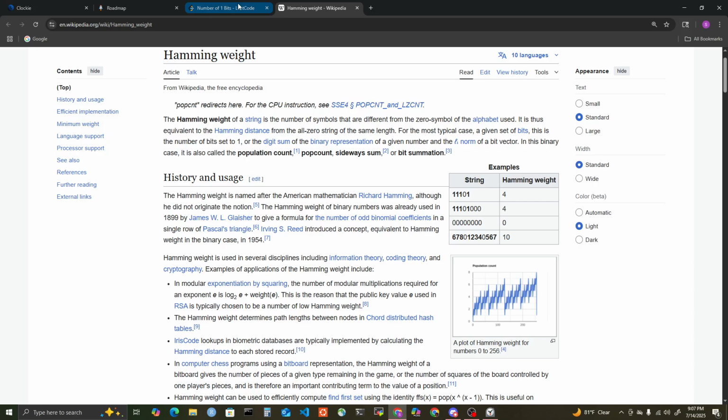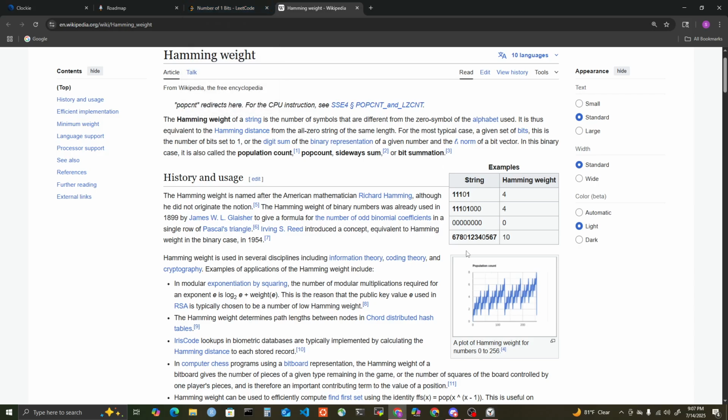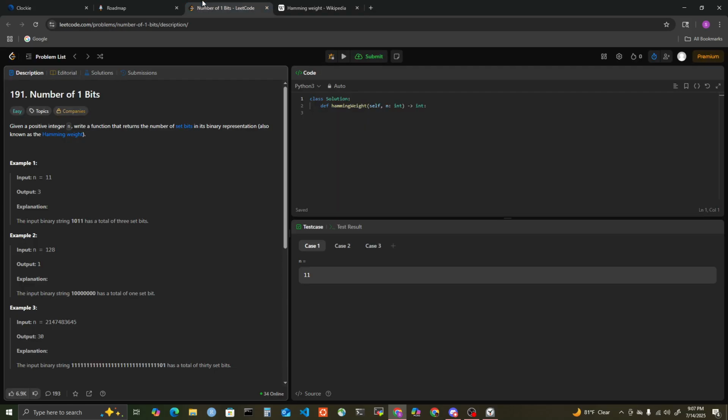Okay, so the Hamming weight is the number of ones. One, two, three, 4, 5, 6, 7, 8, 9, 10. Interesting.